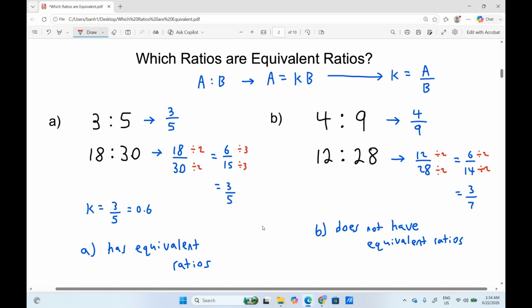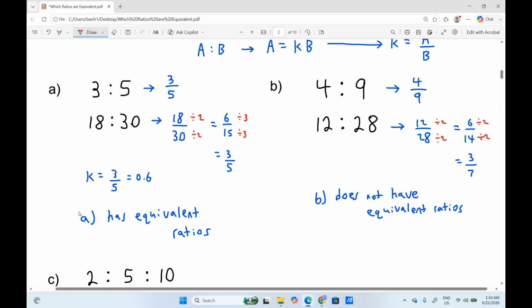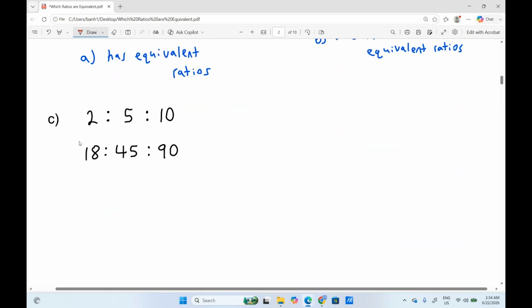Now, back to the method of using the constant of proportionality, we're going to move on to our third example here. For C, I have a three-term ratio now. So it's going to be 2 to 5 to 10, and I'm going to compare it to 18 to 45 to 90. So for a three-term ratio, you just want to compare the ratios from left to right and compare the first two first.